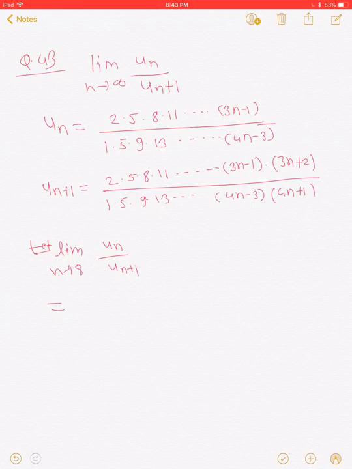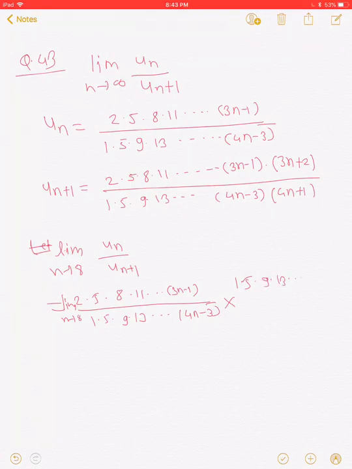So this can be written as limit n tending to infinity 2 into 5 into 8 into 11 ... 3n minus 1. In denominator 1 into 5 into 9 into 13 ... up to 4n minus 3 into 4n plus 1.